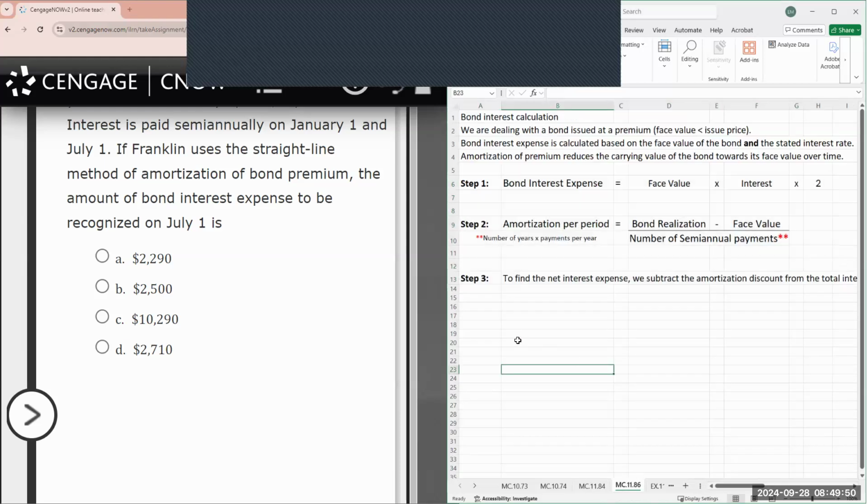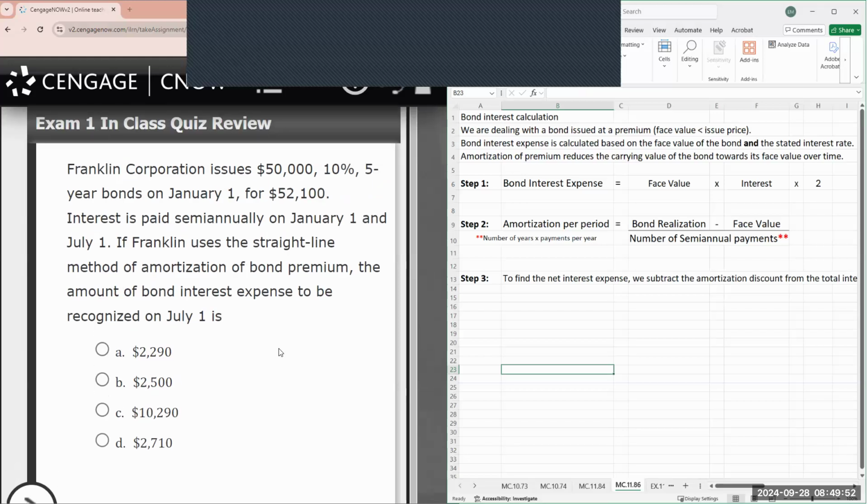Now for our next problem, it's asking the amount of bond interest expense to be recognized on July 1st is... Franklin Corporation issues $50,000 10% 5-year bonds on January 1st for $52,100. Interest is paid semi-annually, twice a year, on January 1st and July 1st.